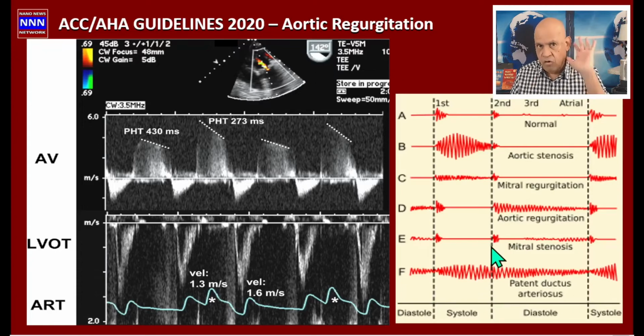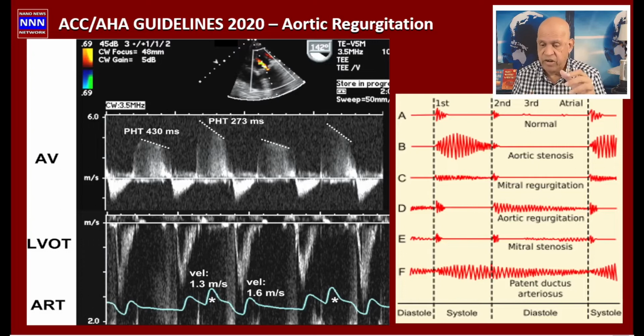In the old days, in the 80s and 90s when I was practicing, we were taught the early diastolic low frequency murmur is characteristic of aortic regurgitation. If the aortic regurgitation is severe, then this diastolic murmur would be short, because once there is equalization of pressure in the aorta and in the left ventricular cavity, there is no more flow of blood.